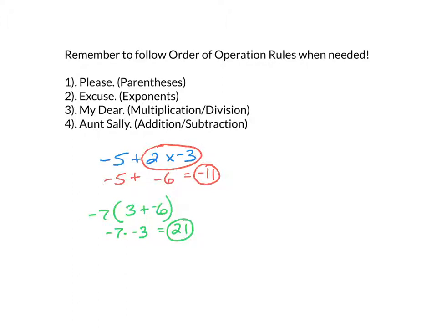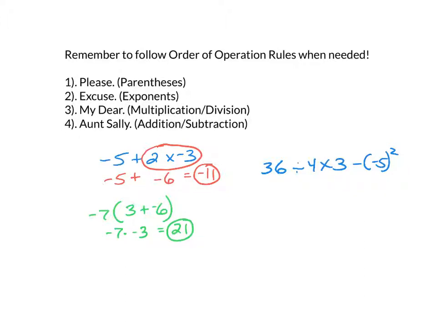Let me do one more example. I have 36 divided by 4 times 3 subtract negative 5 squared. If I'm going to do that, the very first thing I need to do is my exponents. Now I see parentheses there, but the parentheses are not really a set of parentheses in this particular case.